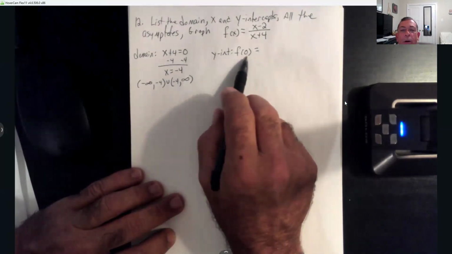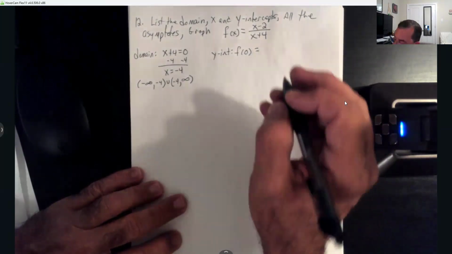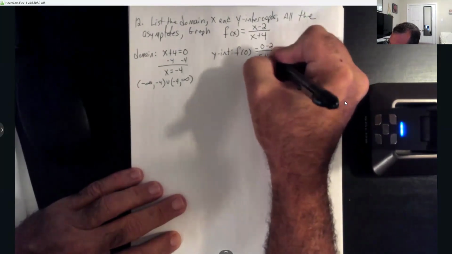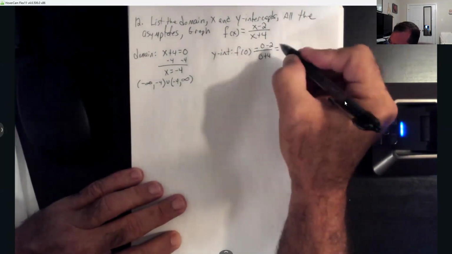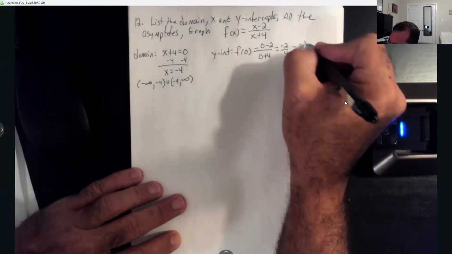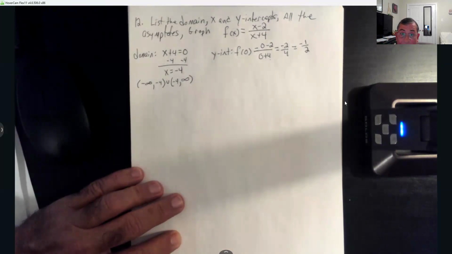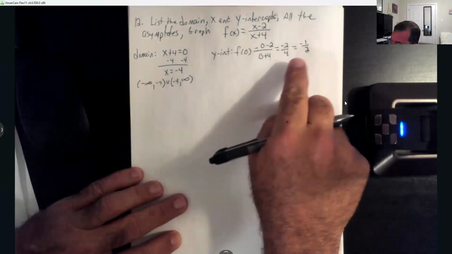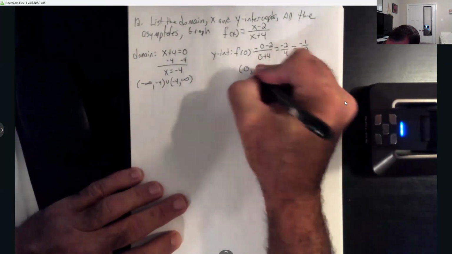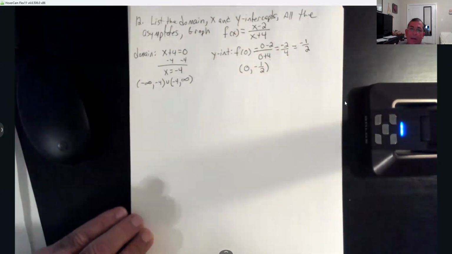Remember, the Y-intercept happens where the X value is 0. So we just put zeros in for these X's and see what we get. So 0 minus 2 over 0 plus 4. Y'all, that's going to give me a negative 2 over 4, which is a negative 1/2. Now remember, y-intercepts come in this form, so you'll have a 0 for the x and a negative 1/2 for your y value, okay?